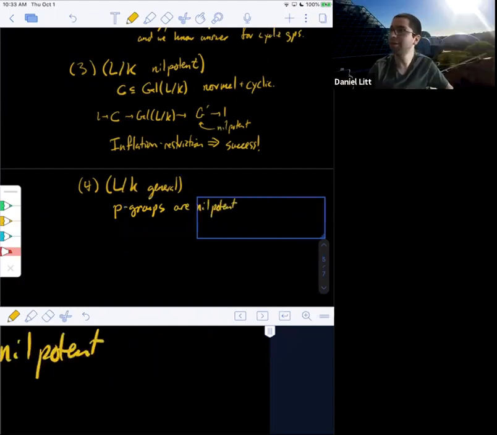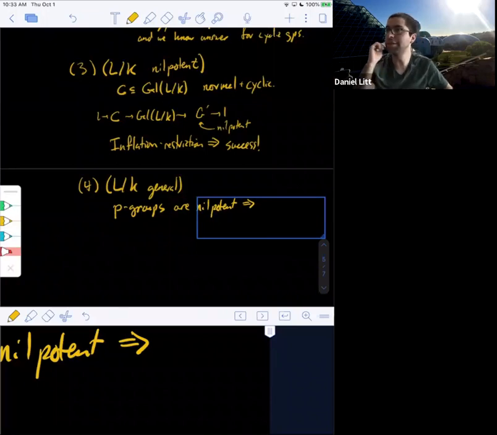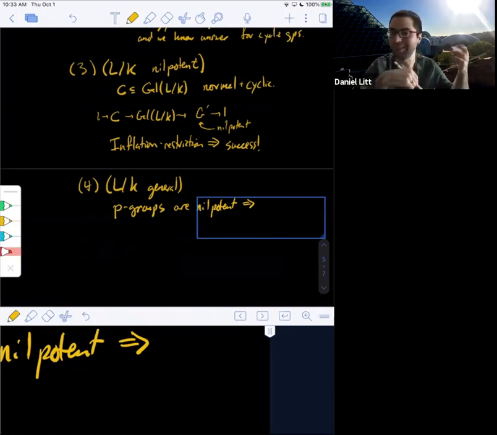Does anyone know why that's true? Does anyone remember this fact that a P group always has non-trivial center? It comes from the class equation. Yeah, that's right. You should review this if you don't remember it. So a P group is nilpotent.